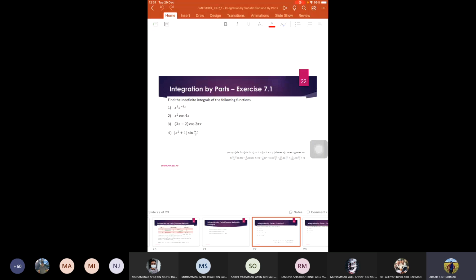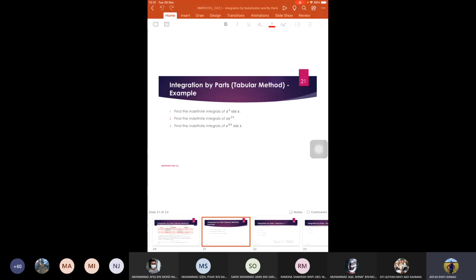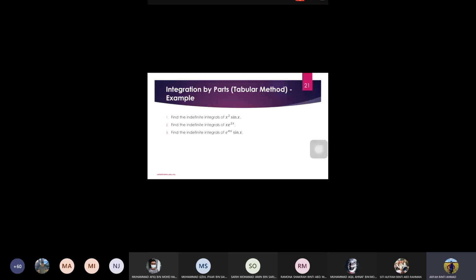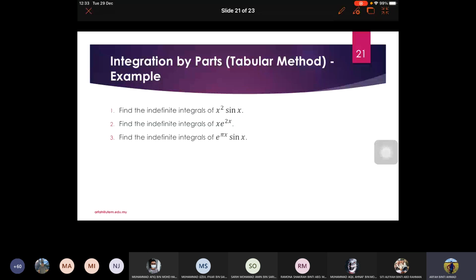Okay, take a look at this example given. So kalau awak tengok, if you take a look at this one, kita ada yang ini dia melibatkan polynomial function. This is polynomial function and sin x is trigo function, iaitu sin theta.